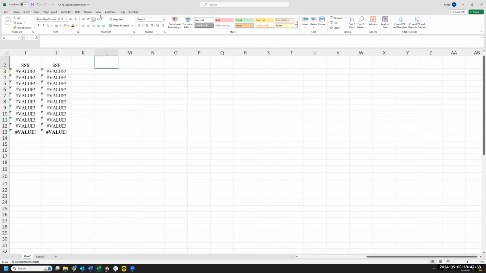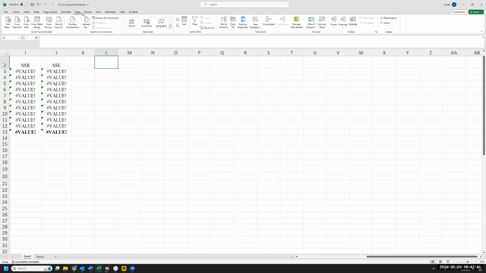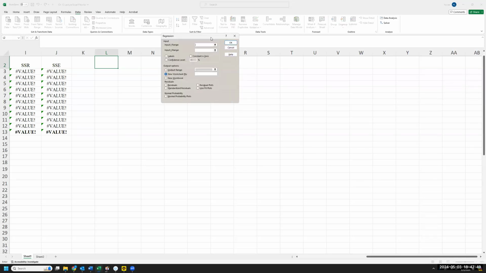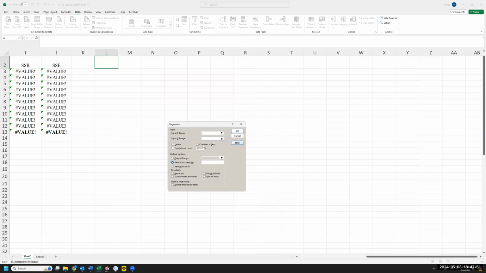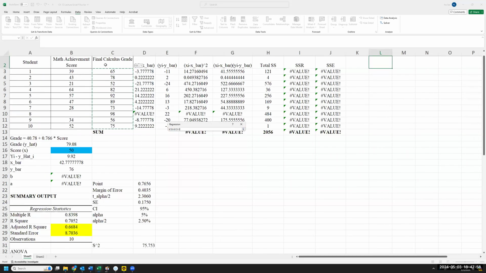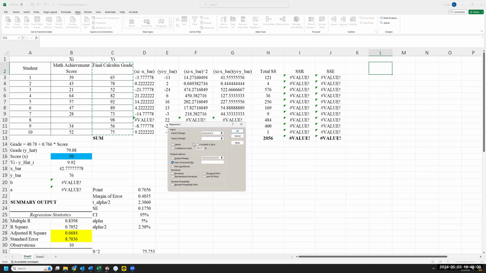Okay, so let's go to data, data analysis, regression. Here's my regression input window for the Y's. Let's put in the Y's right here. For the X's, oh no, I erased one of the X's.